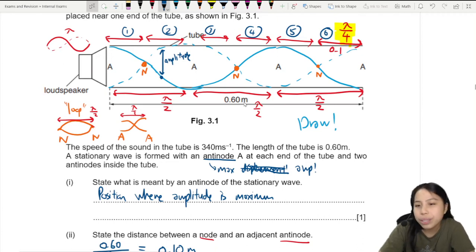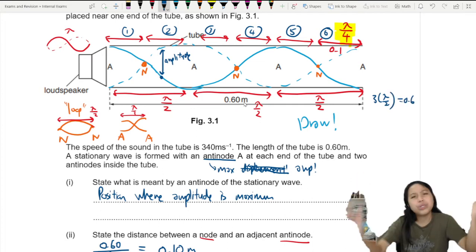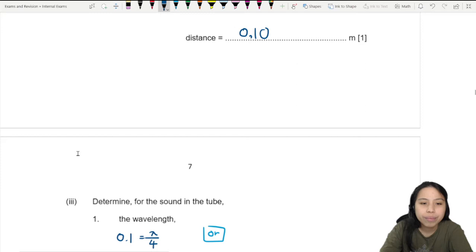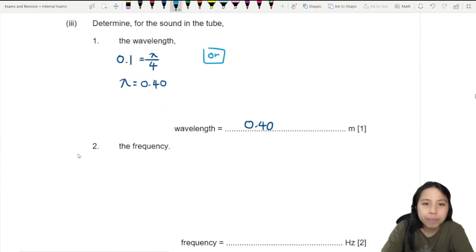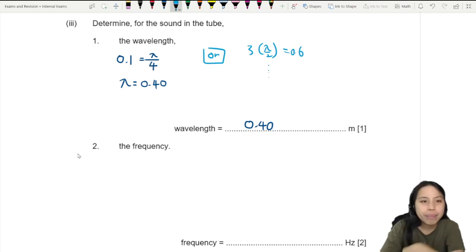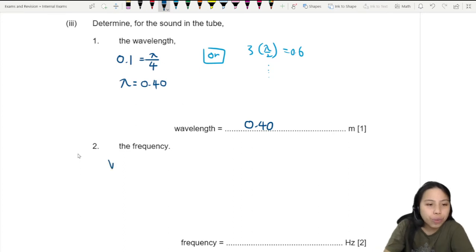So, yeah, we can do that too. So we say 3 lambda over 2s is 0.6. That works too. Up to you. So I'm going to write the alternative here: 3 lambda over 2s is 0.6. Okay, let's find the frequency now. So for frequency, we need to know v equals f lambda.